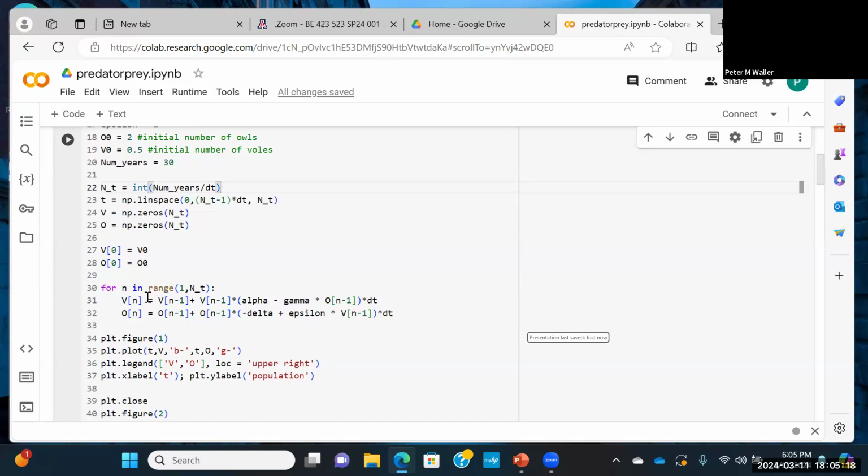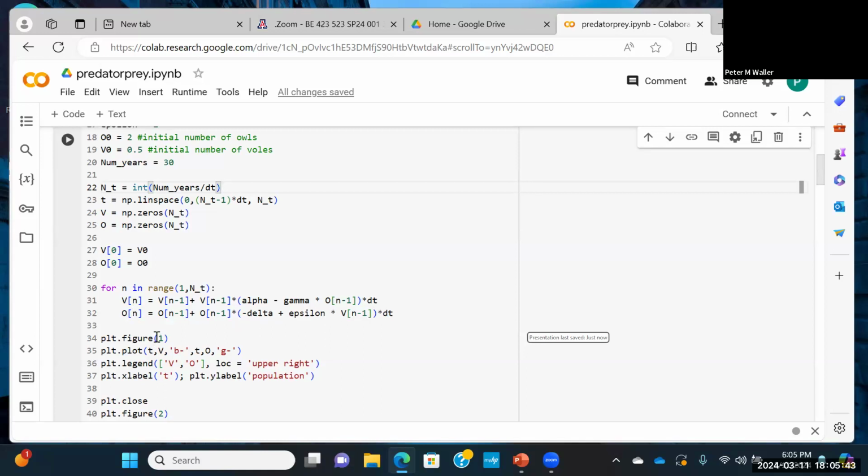And so then you have v at n equals v at n minus 1 plus the differential term, v at n minus 1 times alpha minus gamma times o at n minus 1, times dt. And then here's your O equation, O at n equals O at n minus 1 plus the differential term, O at n minus 1 times negative delta plus epsilon times v at n minus 1, times dt.